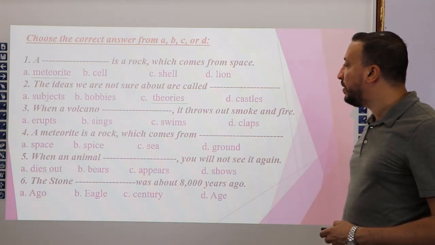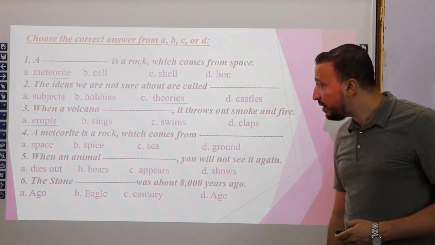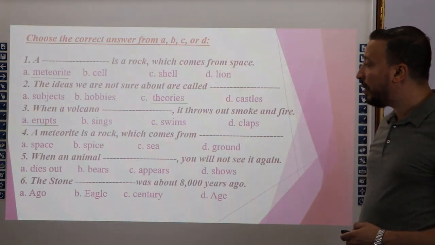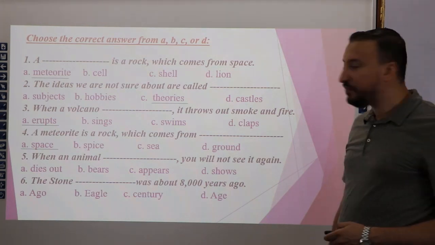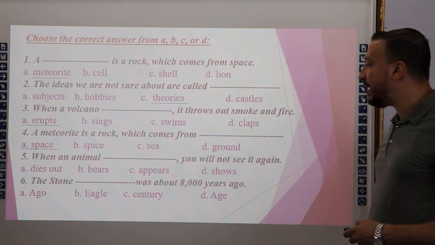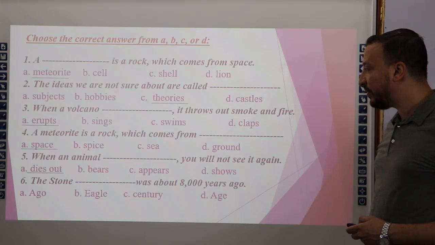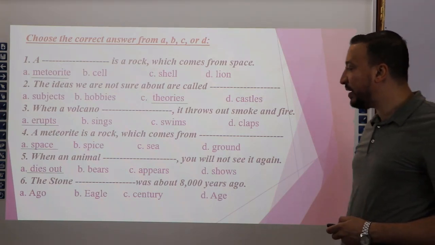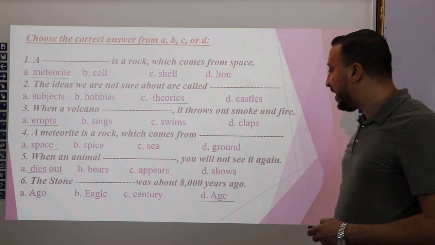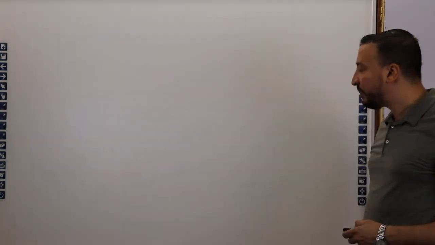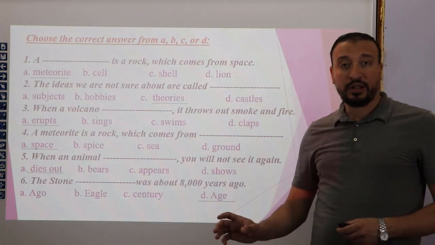When a volcano erupts, it throws out smoke and fire. 4, a meteorite is a rock which comes from space. 5, when an animal dies out you will not see it again. ينقرض. Last one, the Stone Age was about 8,000 years ago. Now, at the end of this part of the vocabulary.